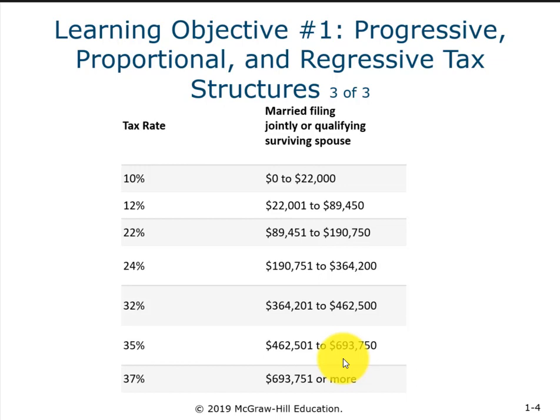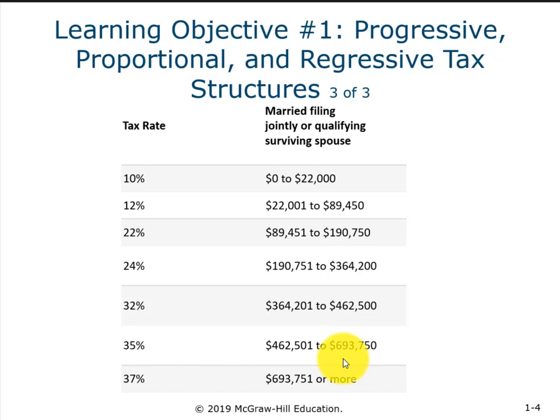If your income is 25,000, then your tax is 10% of the first 22,000 still, and then the amount over 22 up to the 25 is 12%.